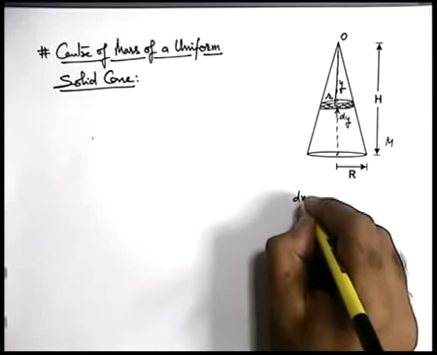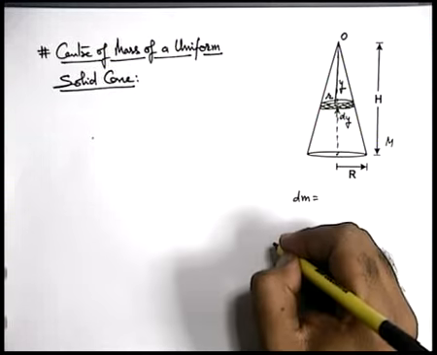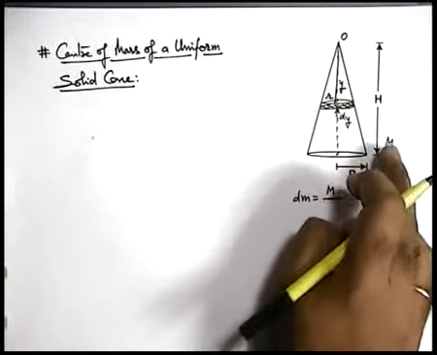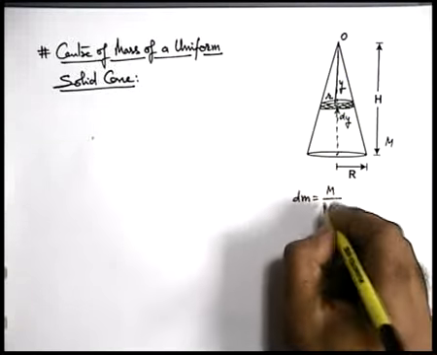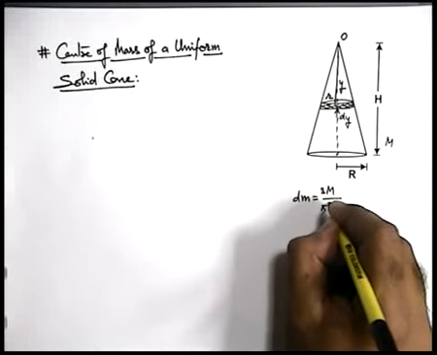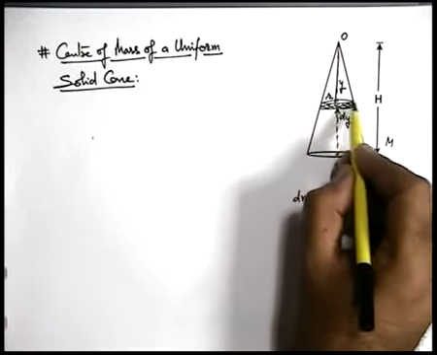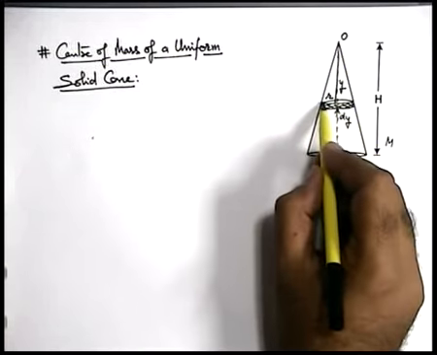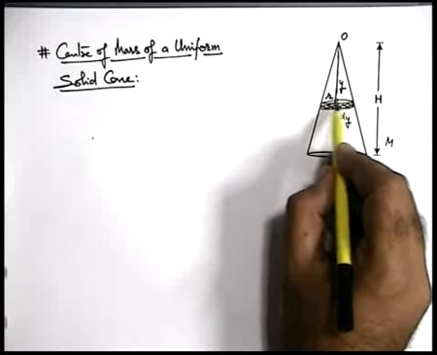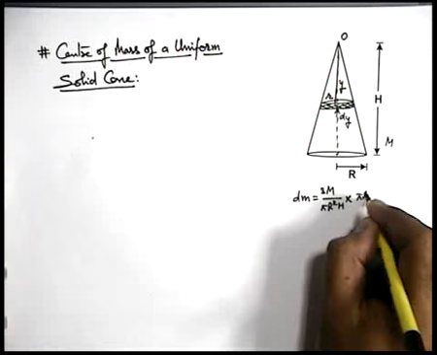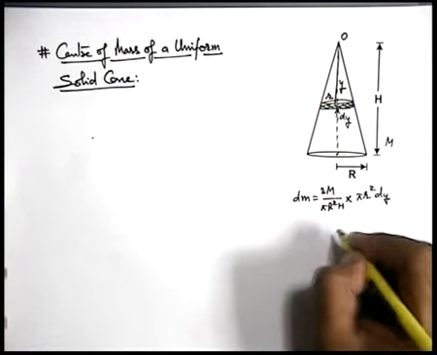The mass of this disk, dm, can be given as the total mass upon the volume of this cone in which the mass is distributed, that is 1 by 3 pi R square h, multiplied by the volume occupied by this disk. The radius of this disk is small r, so its surface area will be pi r square and the width dy, so I'll write pi r square dy.